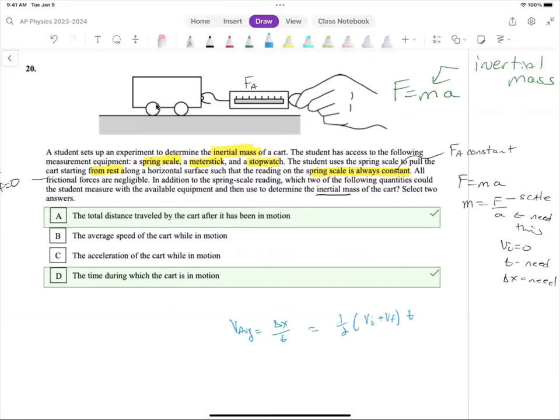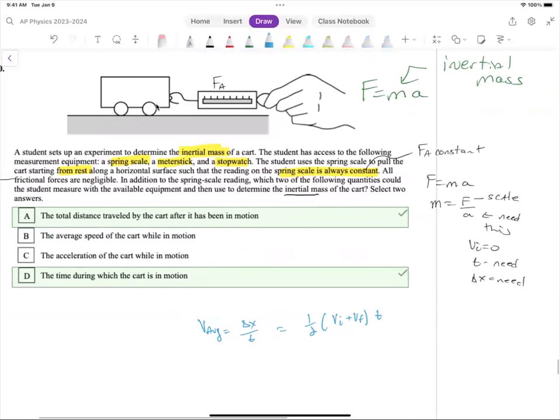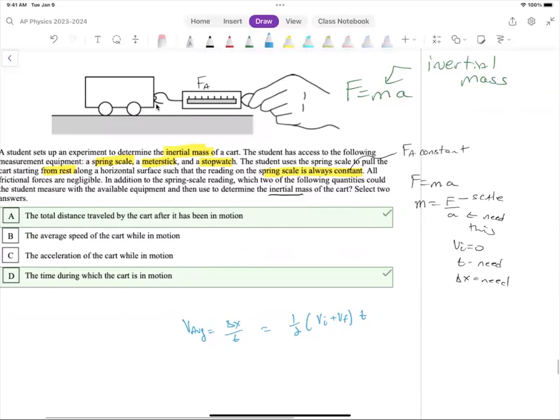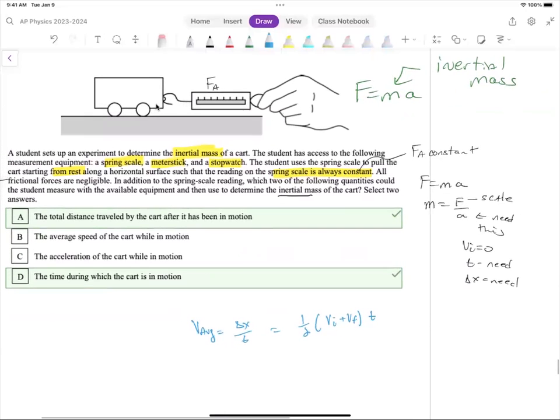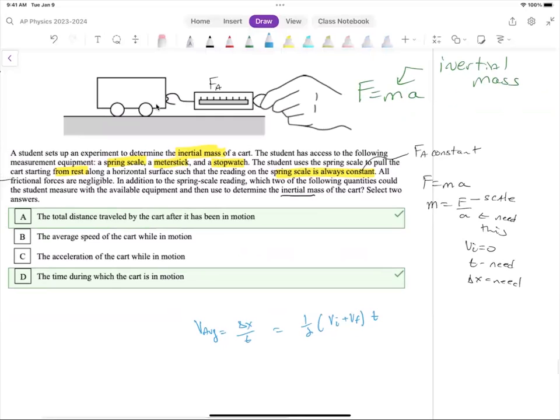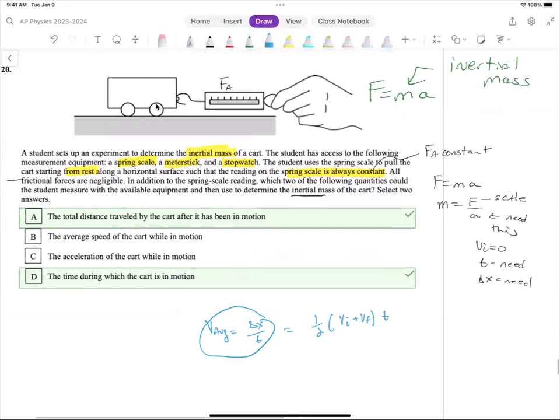Let me confirm why this one doesn't work. What am I trying to find? I'm trying to find acceleration. If I know the average, I can't measure average speed. In addition to the scale, which of the two following quantities could the student measure?